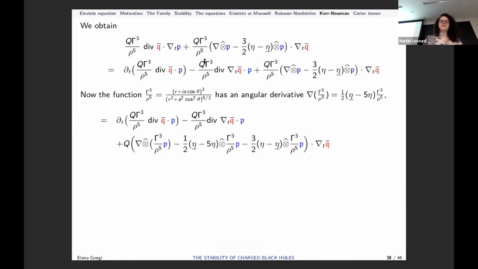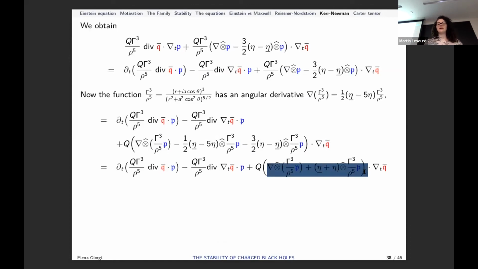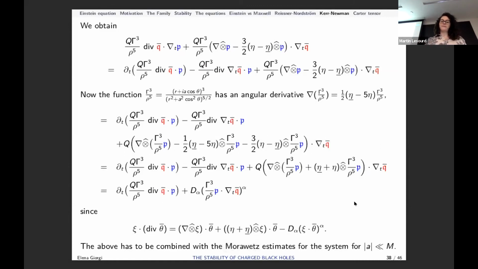And now what happens is that this function, gamma to the third, rho to the 5, that happens to be on the right-hand side of this equation, is precisely a certain angular derivative that can be written in terms of omega, of eta and eta bar. And when combined with the right-hand side of the equation, with the coefficients -1/2, eta bar -5, and -3/2, you precisely end up having this combination of the angular derivative and eta plus eta bar, which is exactly the one that gets cancelled.